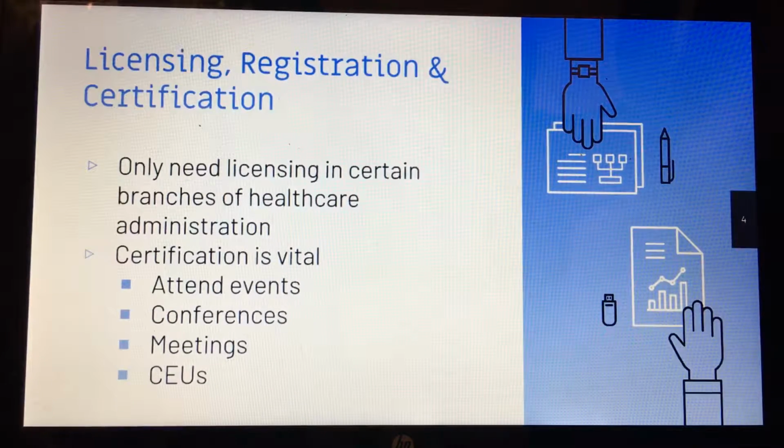It validates to the employer that you have already met all of the requirements for the state of New Jersey and that you can follow through with a further certification if need be. Examples of being certified include going to events, conferences, meetings, and again doing CEUs, which are continuing education units.